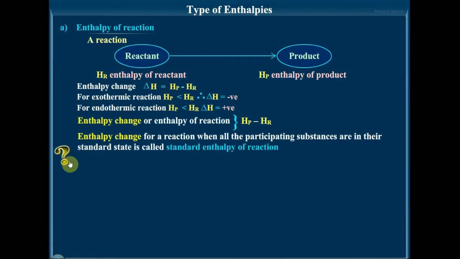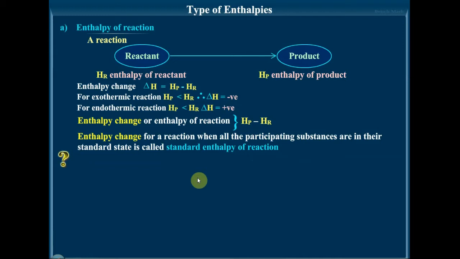Enthalpy change for a reaction when all the participating substances are in their standard state is called the standard enthalpy of reaction. And what is the meaning of standard enthalpy of a reaction? The reaction enthalpy, that is delta H, depends on the conditions at which the reaction is carried out.